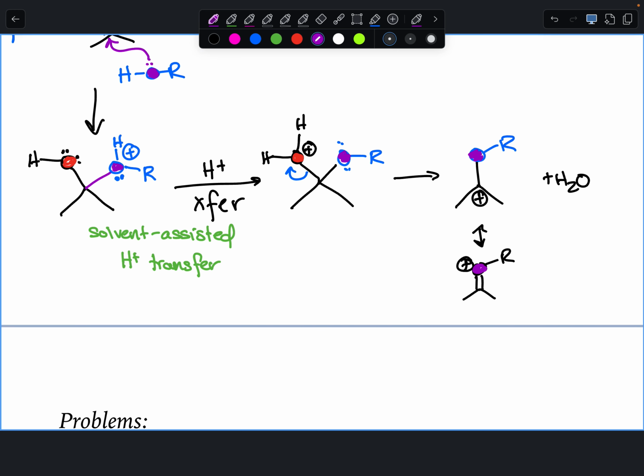It can pop off, it'll pop on, it'll pop off, it'll pop on. At some point, the proton will come off of it and a proton will get put onto the oxygen. So this will undergo an H plus transfer, and that will make your leaving group.